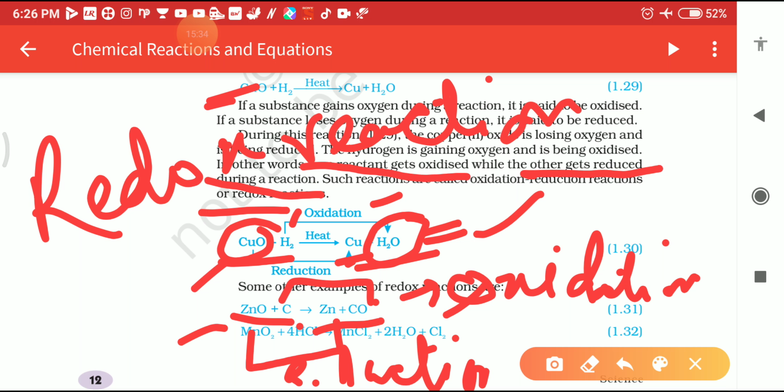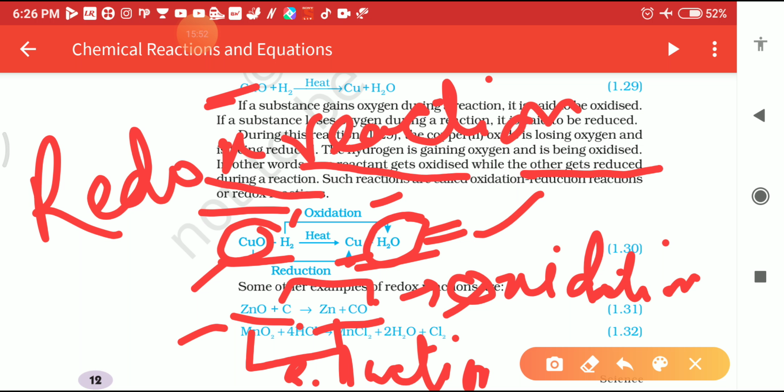Then it is easy to understand now, students. In zinc oxide becoming zinc, oxygen is removed, that's why reduction takes place. In carbon, oxygen is added, that's why it is called oxidation.